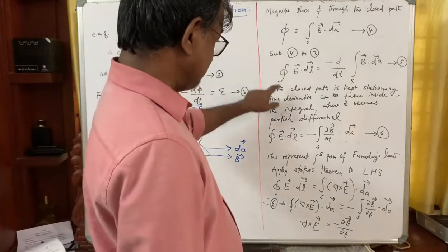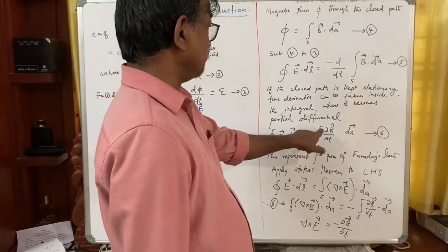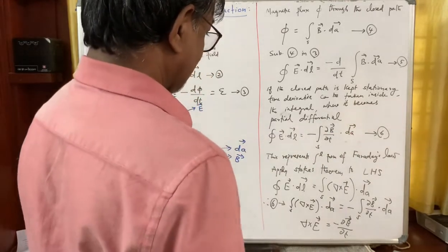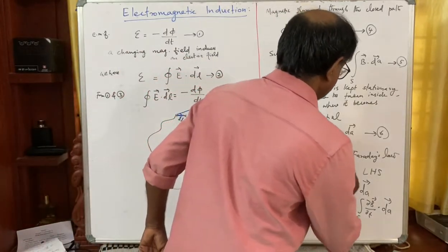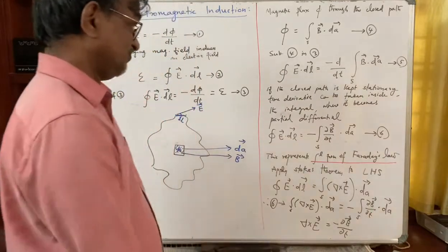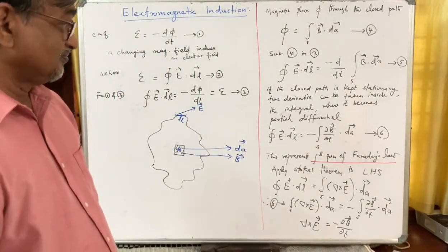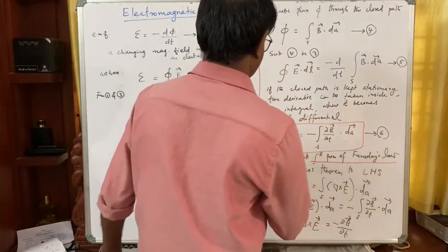So this equation changes to a new form: the line integral E dot dl is equal to minus the integral of dou B by dou t dot dA. This represents the integral form of Faraday's law.